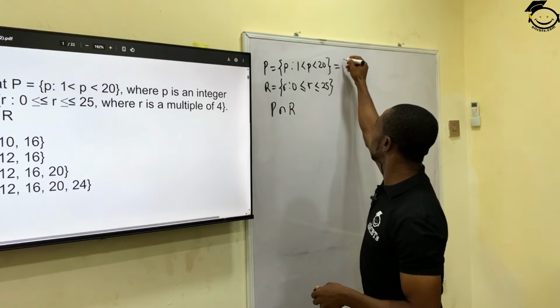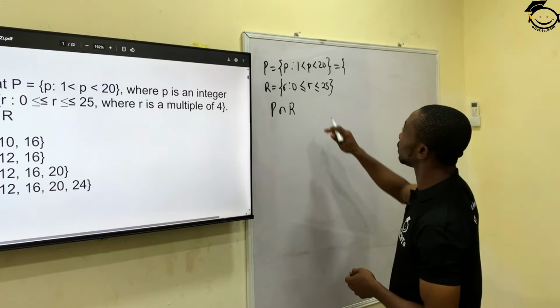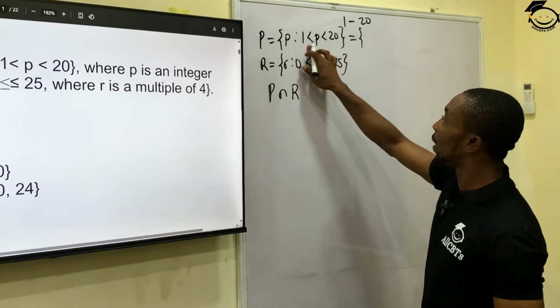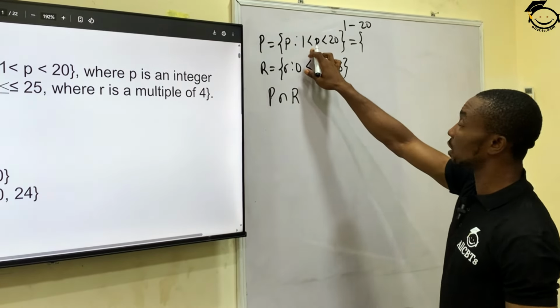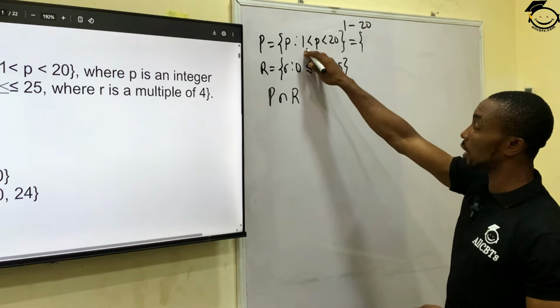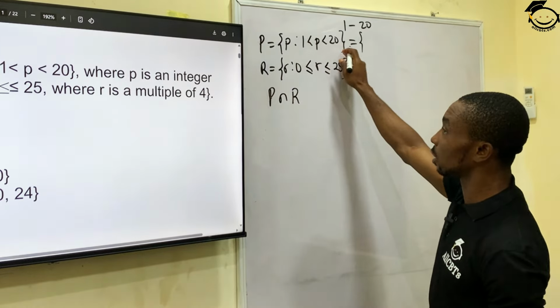Now, for us to find the elements of P, it simply ranges between 1 to 20. Now, since it's not equal to 1, that means 1 is not inclusive. And since it's not equal to 20, 20 is not inclusive.